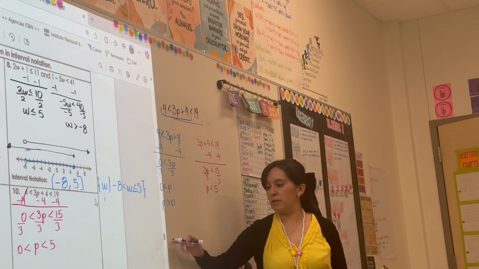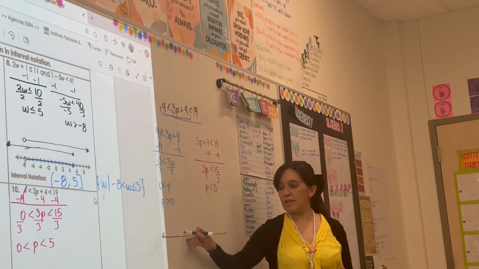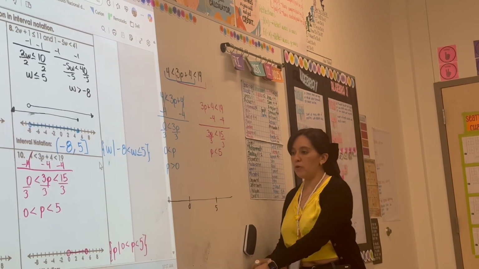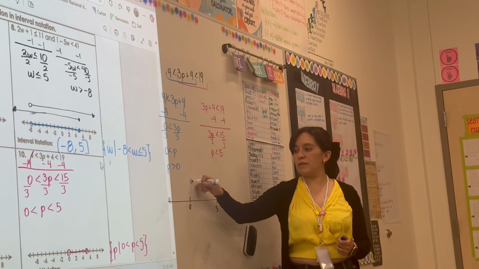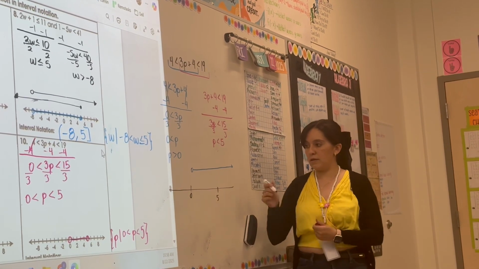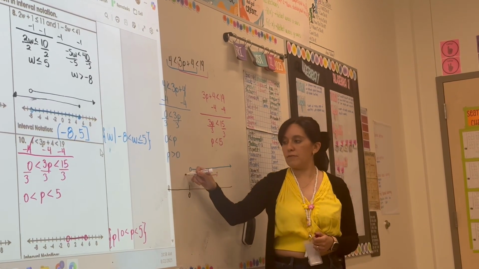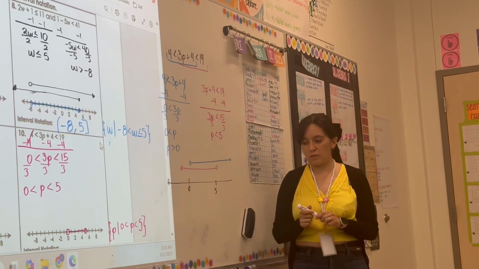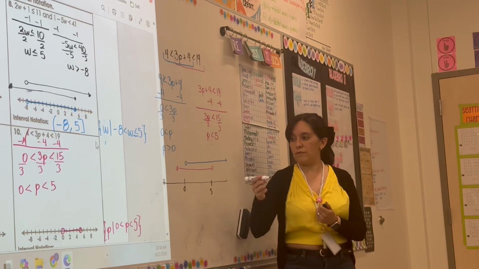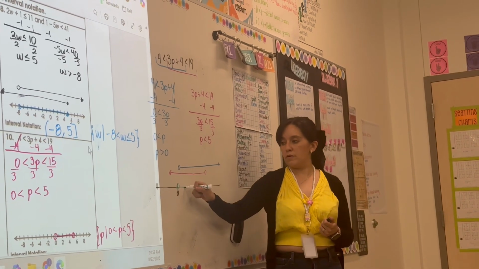I am going to put the number line here. Let's say that this is 0 and that this one is 5. So the blue is going to be greater than 0, and the pink is going to be less than 5, right? And as you can see, the overlapping section is from 0 to 5.